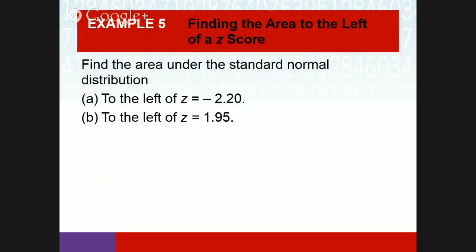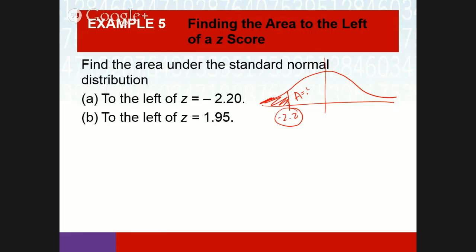The last example is to the left. The exact same application, so being able to visualize it really helps. So the z-score of minus 2.2, and if I want to know the area to the left, I look up what is the area that corresponds to a z value of 2.2. That A would be what? 0.2 is 0.486.